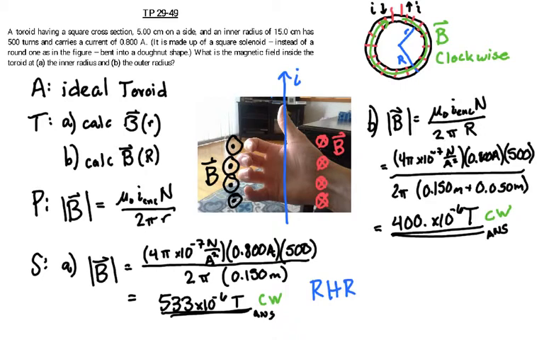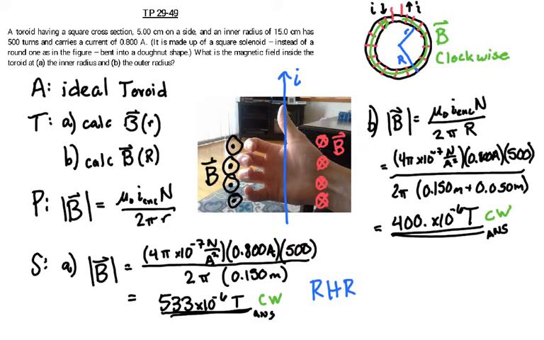Now for part B, the only difference from part A is the fact that we're now looking at the strength of the magnetic field at the outer radius of our toroid, and in this case we end up with 400. Now notice that for significant figure purposes, the dot here at the end of 400 means that, of course, the 4 is significant, but so are both our zeros.